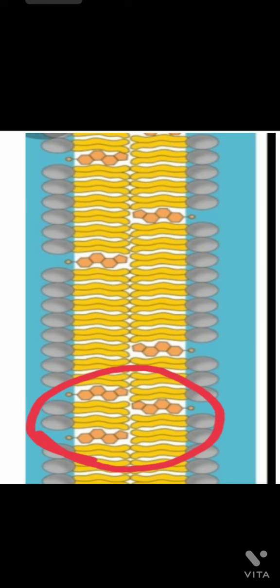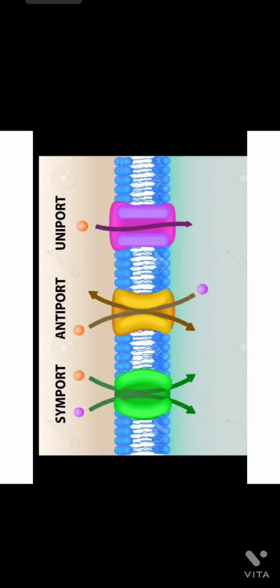Then uniport and symport take place. What is uniport? One molecule or one ion moves from the outside of the cell to the inside of the cell, called uniport. And what is symport? Sodium ions are present outside the cell and have to come inside the cell.